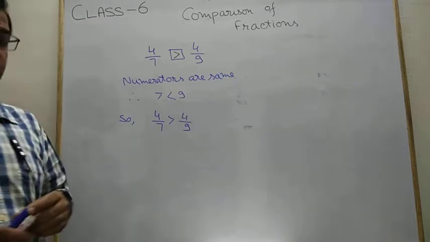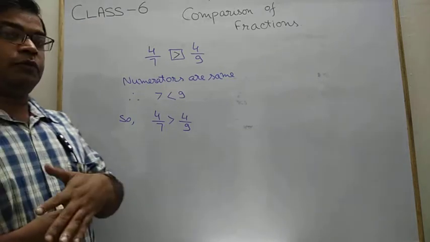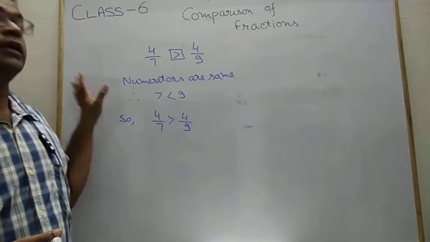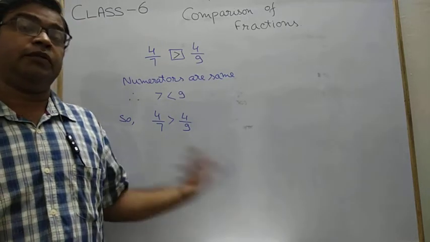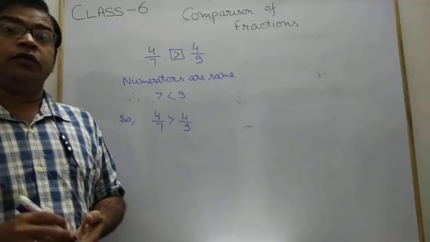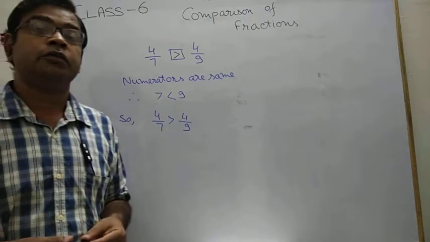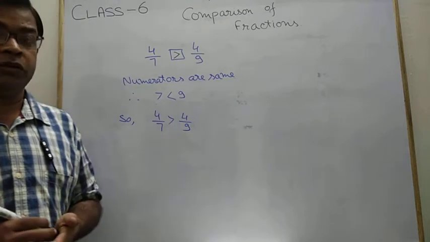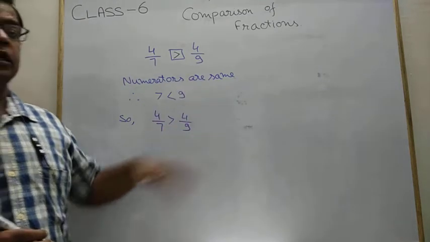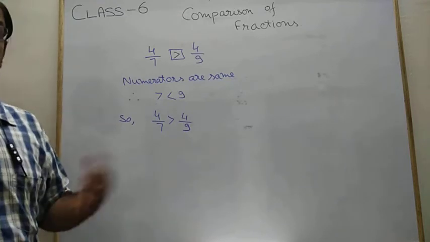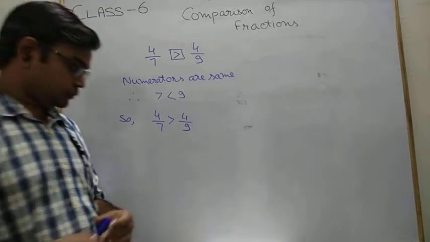So I think you are able to solve some questions of a book. Always remember, students, that I am clearing the concept of different types of questions, and you have to solve all the questions given in your book, whatever book you are using. Question patterns are same: we have to compare fractions, maybe 2, maybe 3, maybe more.